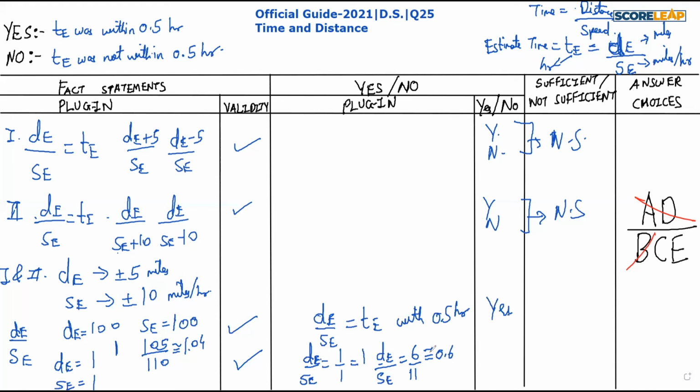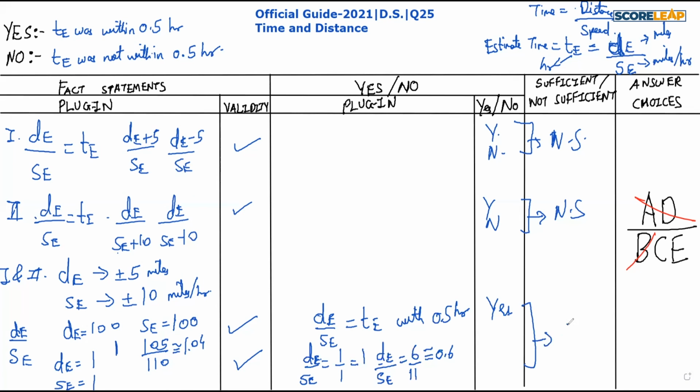Here also it seems that it is within 0.5 hours. But it might happen that if you go on reducing the values, the value of DE by SE becomes much larger, or it goes outside of the estimated time range. So this statement is not sufficient.